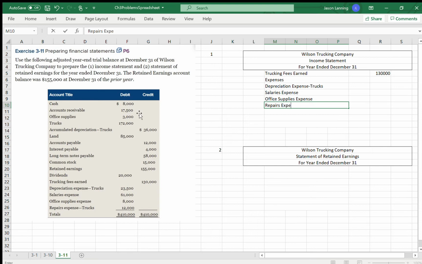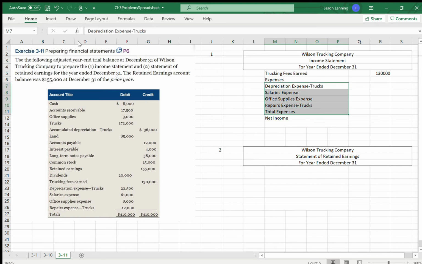Repairs expense, trucks. Okay. And then we'll have total expenses, of course. And then we'll have net income. All right. So our expenses, we'll indent these to make it nice and pretty.